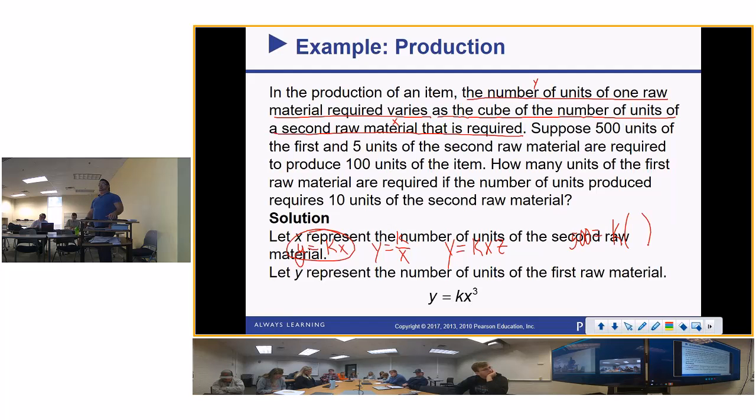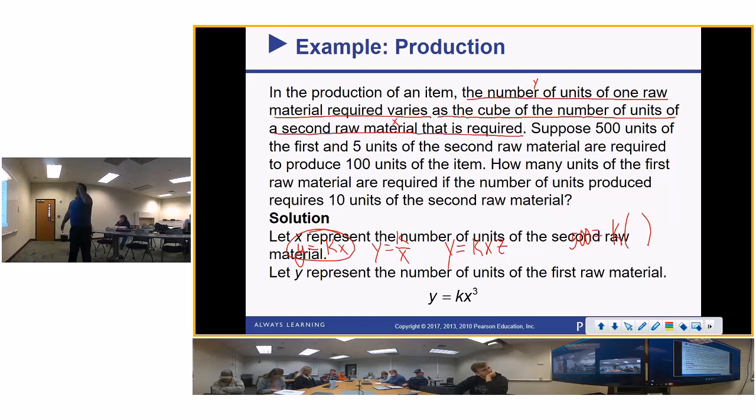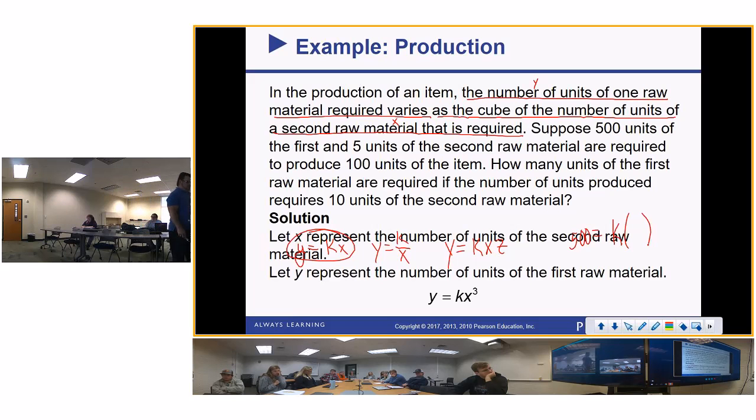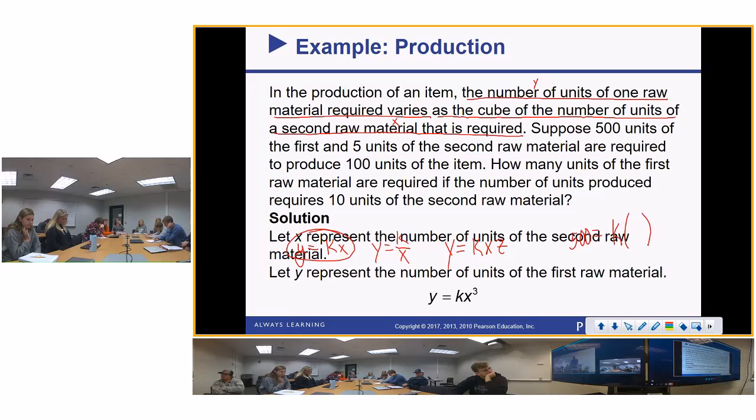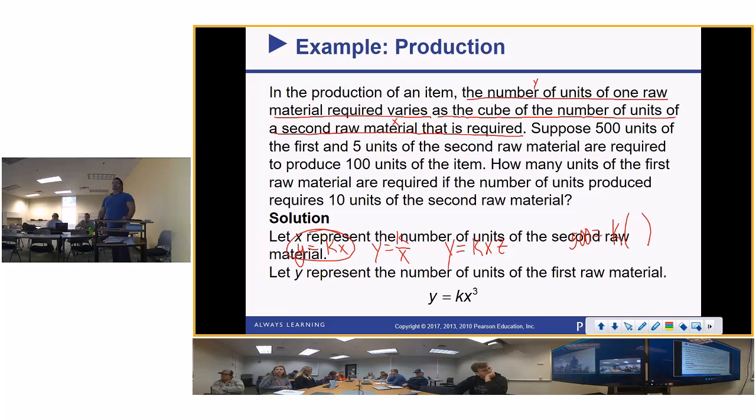And okay, kx to the third, because somewhere in here they're telling us. I don't know why it's to the third. Read that and make sure, does it say anything about the third? I don't see anything that tells that to be the third. Number of units in one raw material, suppose 500 units of the first, that's the second raw material. How many units of the first raw material are required?